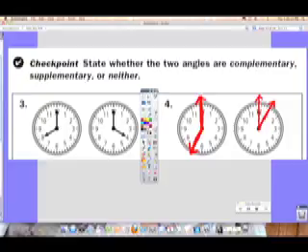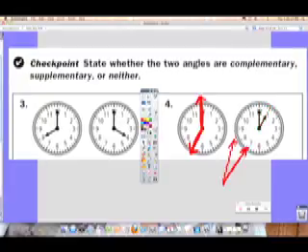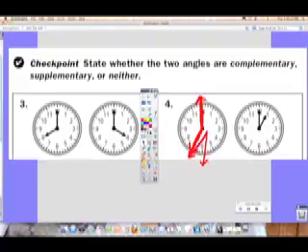Okay, kind of worked. I'm a little bit too far rotated. Let me go back a little bit. Guys, are you seeing it? What do you think? Those two together, complementary, supplementary, or neither? There you go, they're supplementary, but you kind of just have to do that in your head. That makes sense? Okay, perfect.